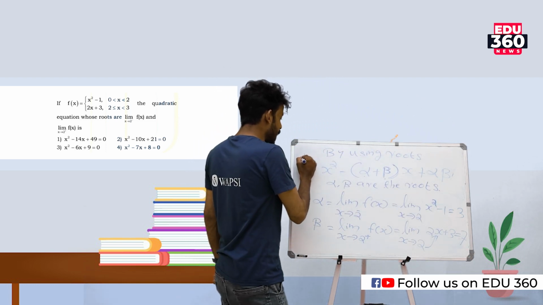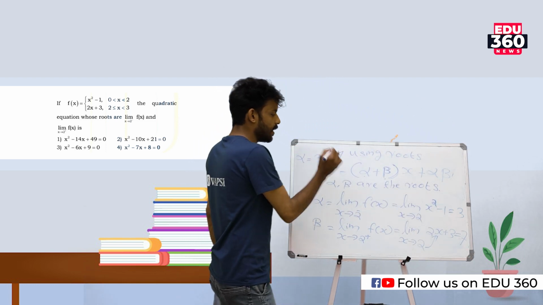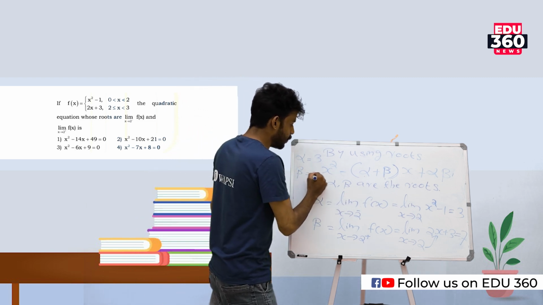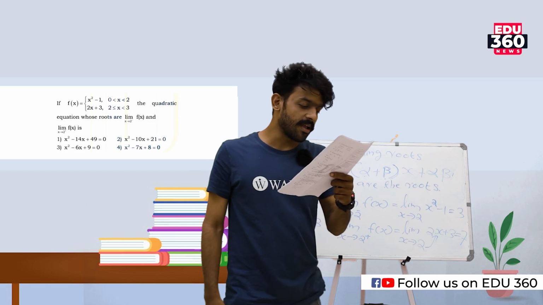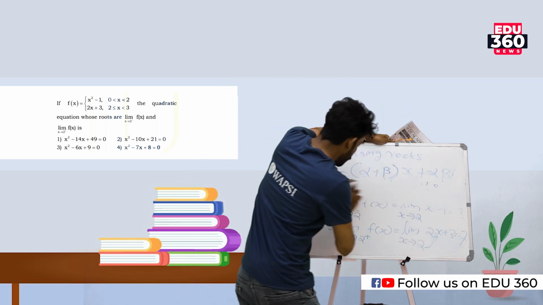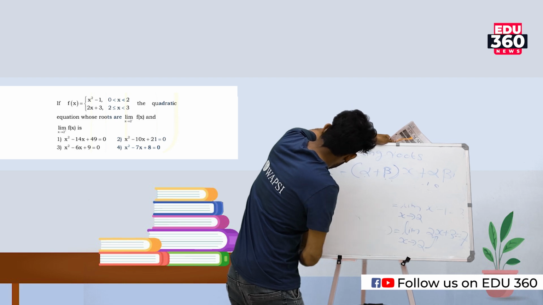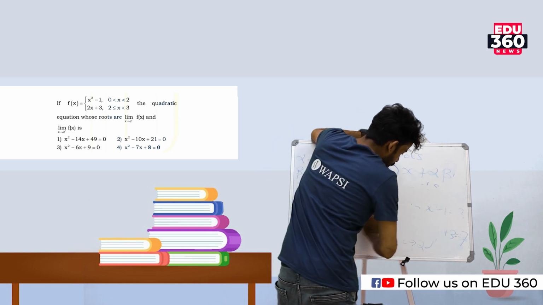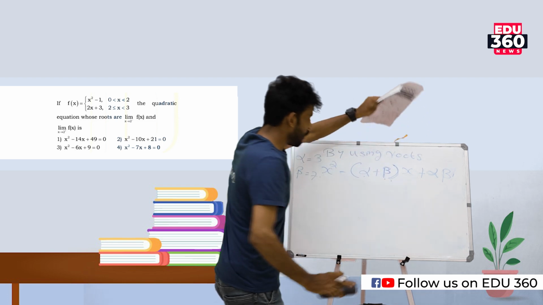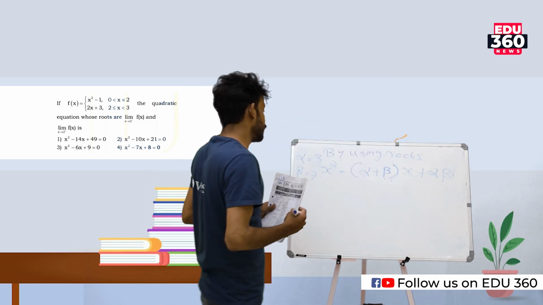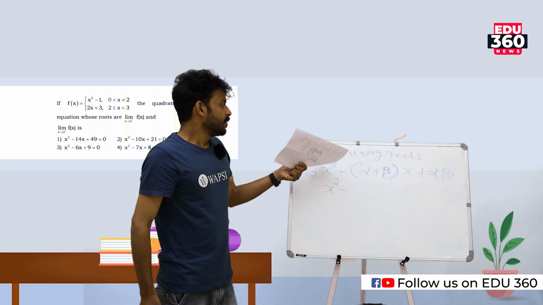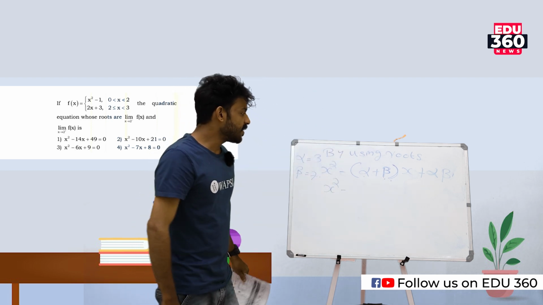So now we get alpha is equal to 3 and beta is equal to 7. In the question we need to write the quadratic equation. So hereafter we can write x square minus (alpha plus beta) x plus alpha beta.